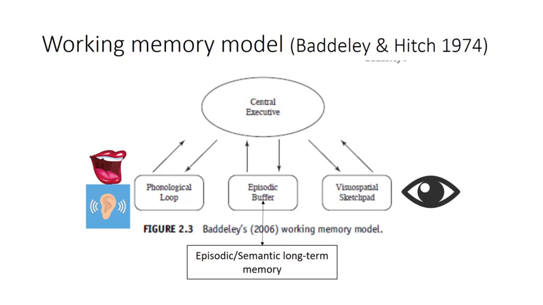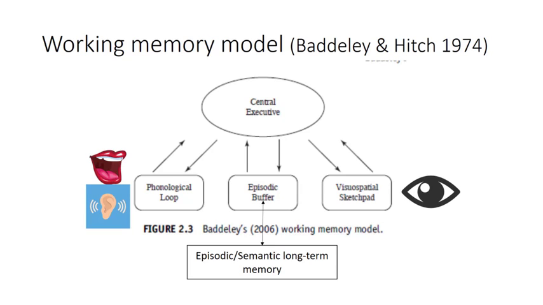Baddeley later on added a fourth component to the model, called episodic buffer. Episodic buffer is responsible for encoding information in a way that gives meaningful interpretations to the stimulus you receive from your environment. Episodic buffer is also connected to long-term memory.